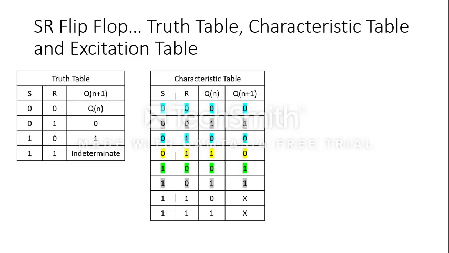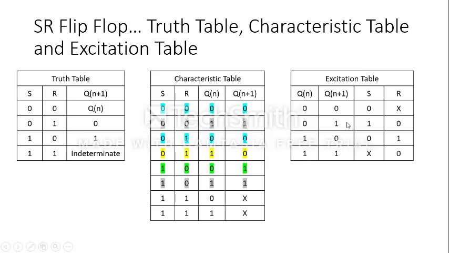So it is an indeterminate state. I have just mentioned this indeterminate state with the X sign. You can also make some other sign, that is not an issue. Now it is coming to the last thing, that means the excitation table of SR flip-flop.